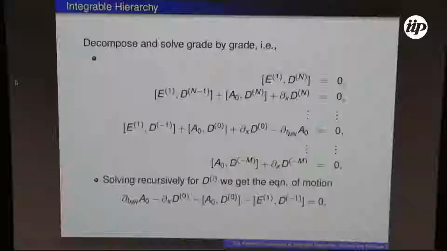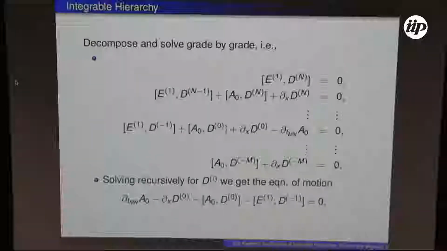So you have a series of equations of motion, each of them evolving according to some t. And the conserved charges are the Hamiltonians of the time evolution of these time evolution equations.